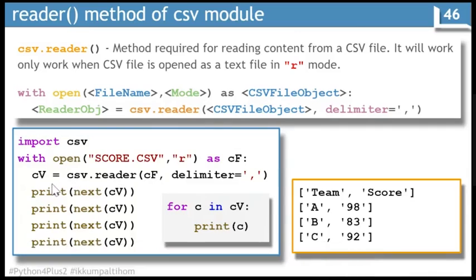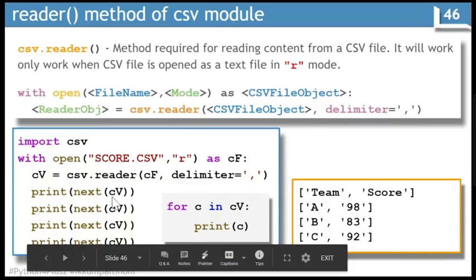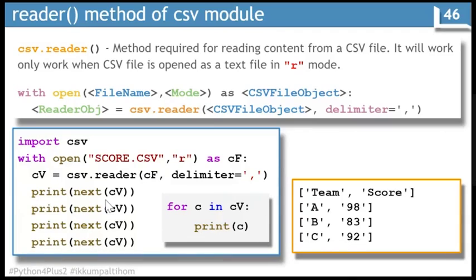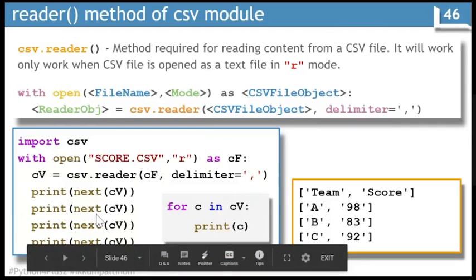So it will read the entire content of CSV in one go in a variable called cv. So if you write next cv, it will display the first row of the CSV file. If you repeat this, it will display the second row of the CSV file. If you repeat this, it will display the next row of the CSV file.